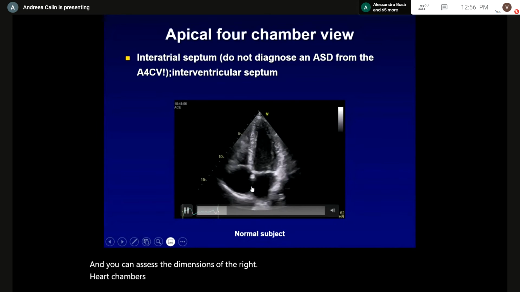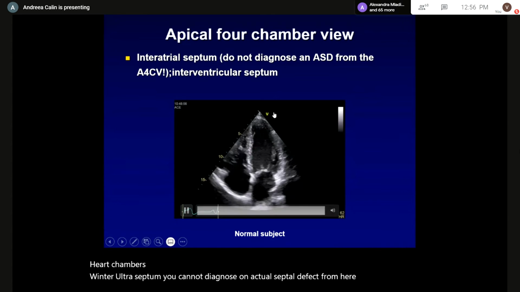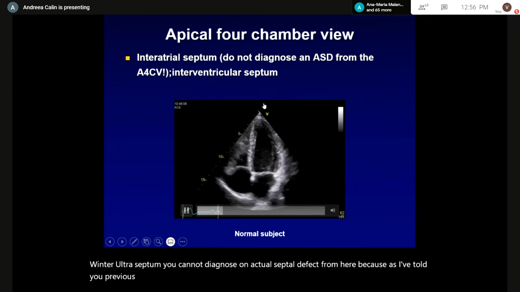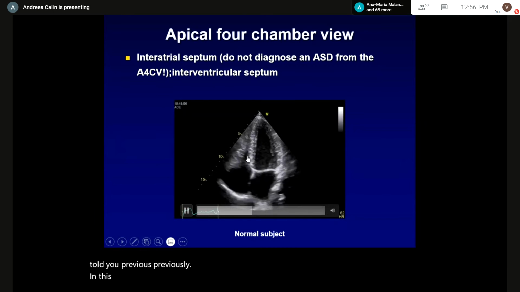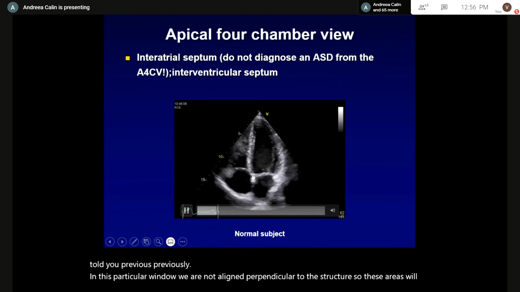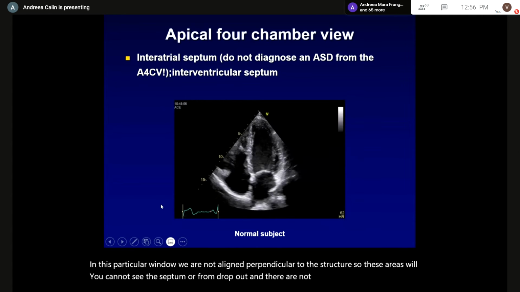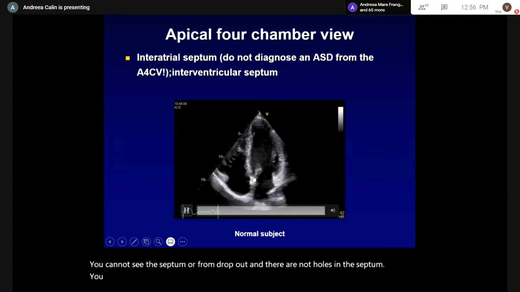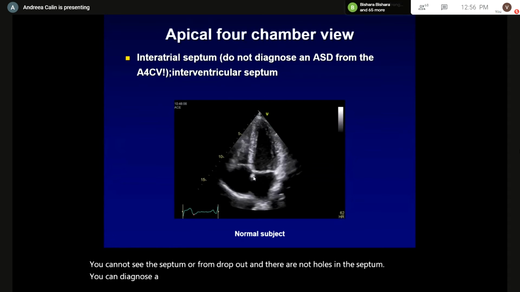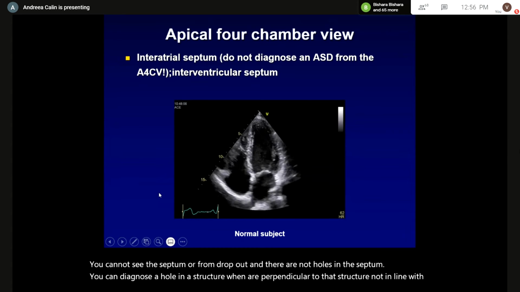The interatrial septum, you cannot diagnose an atrial septal defect from here because, as I've told you previously, in this particular window we are not aligned perpendicular to the structure, so the areas where you cannot see the septum are from dropout and there are not holes in the septum. You can diagnose a hole in a structure when you are perpendicular to that structure, not in line with it, like in this window.